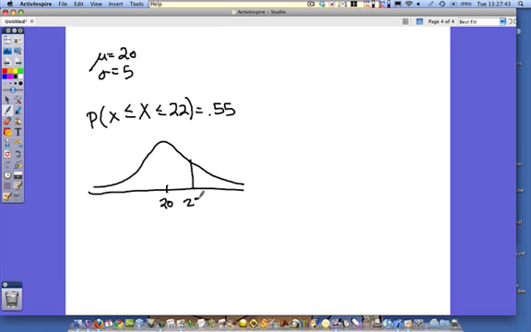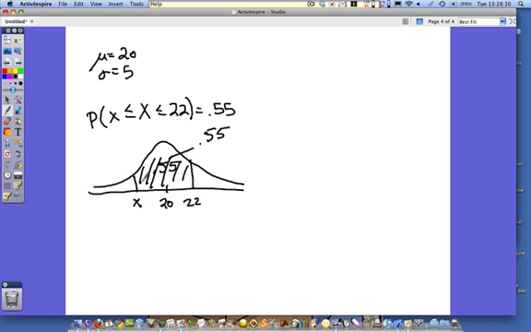If we look at the area between some value of x and 22, we should get 55%. So this area right here should be 55%. Let me write it up here so you can see it better. The problem is we have to find out what this x is.